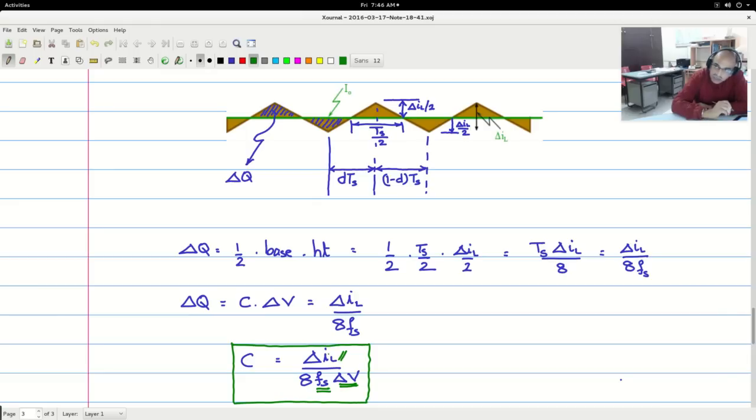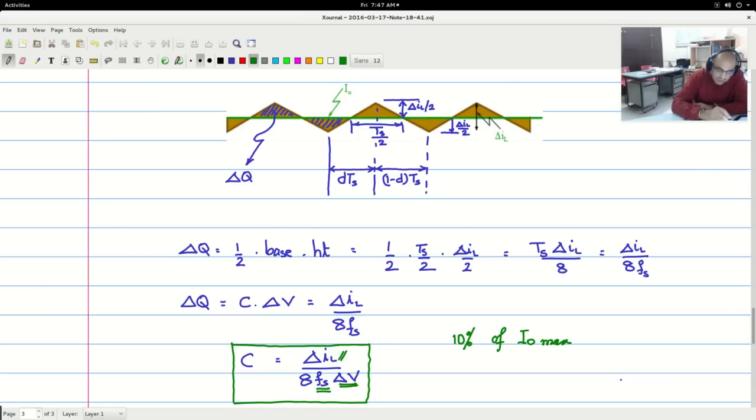We will see that the delta IL value is assumed as around 10% of I naught max. So this is a starting design value which people use, or in some of the specification, minimum value of I naught is specified. So based on the minimum value of I naught, delta IL value can be obtained.